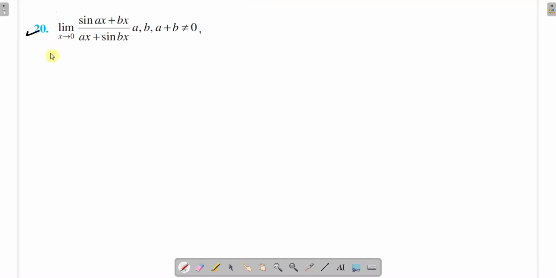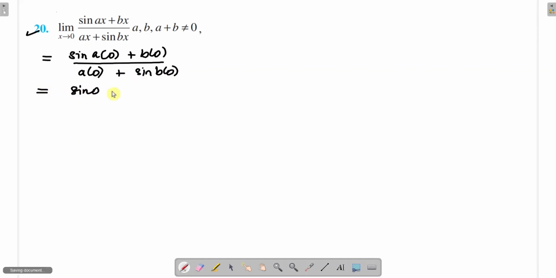Here you have this function sin ax plus bx divided by ax plus sin bx. First evaluate it at the given point. So sin of a times 0 plus b times 0, divided by a times 0 plus sin of b times 0. So this will be what?